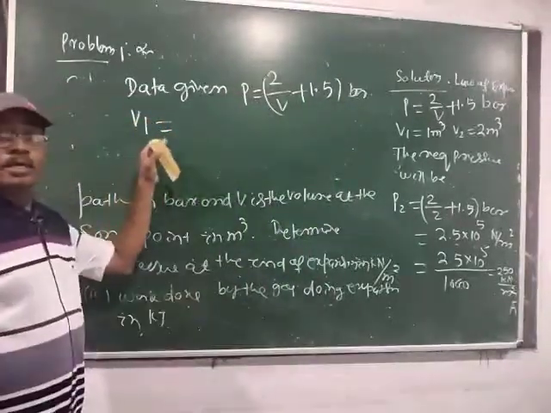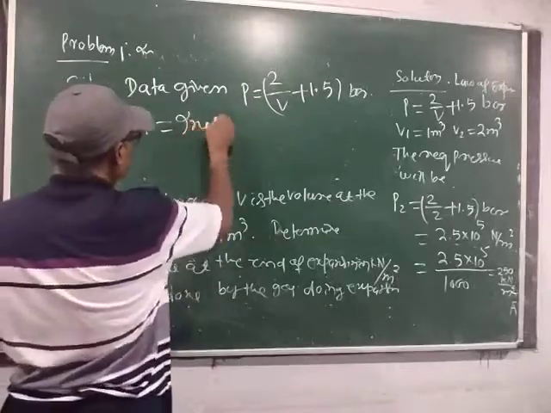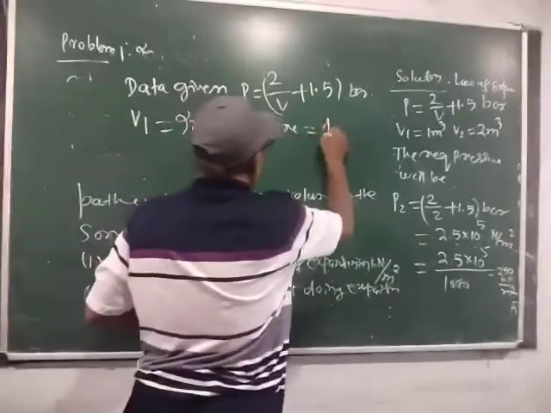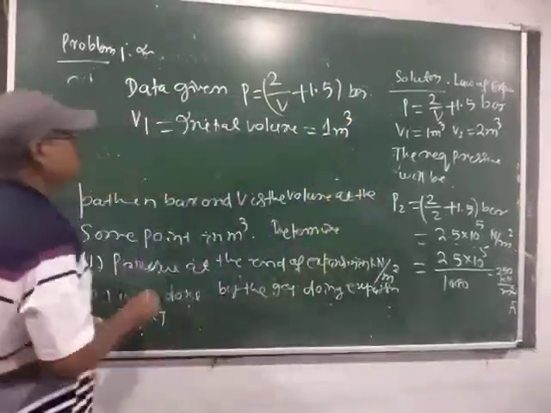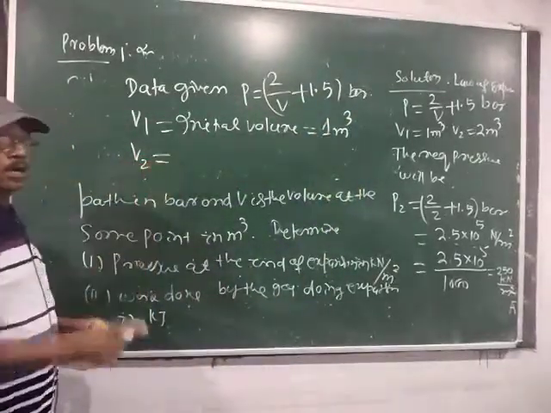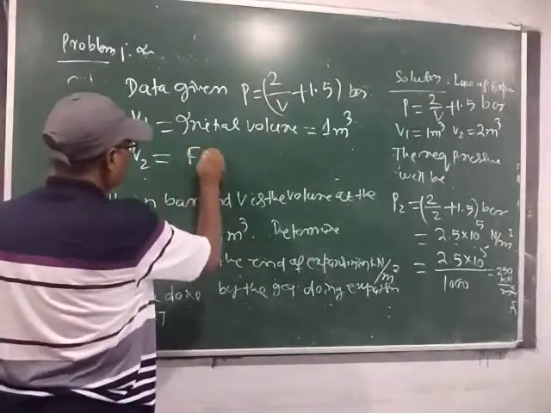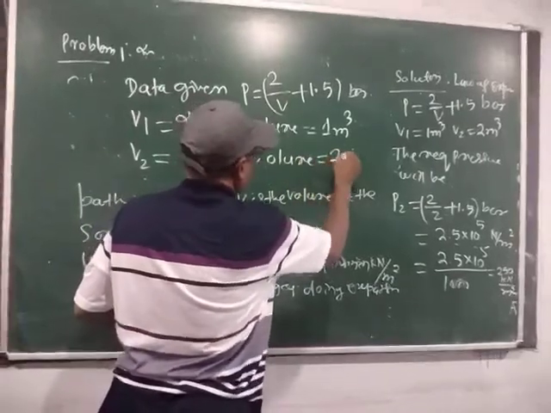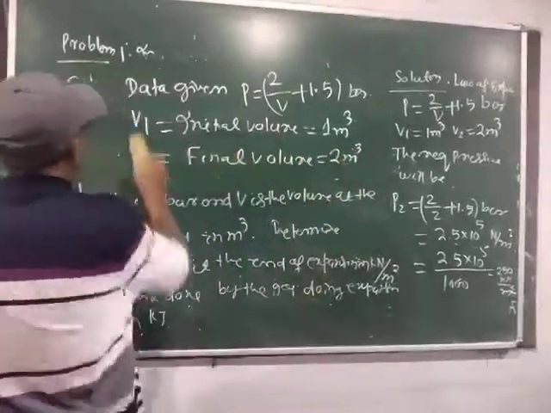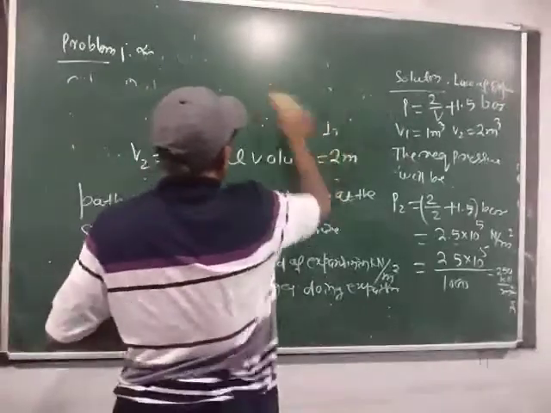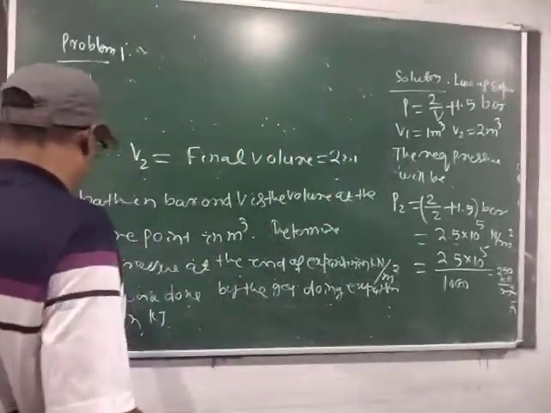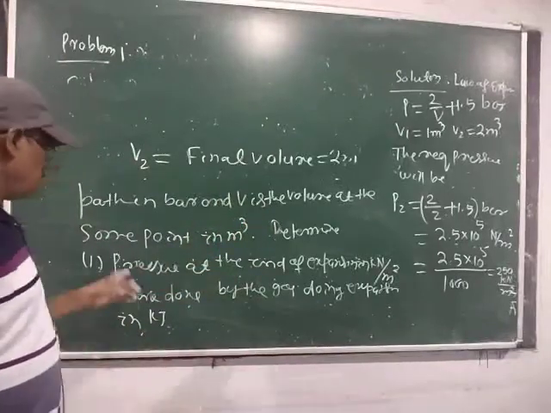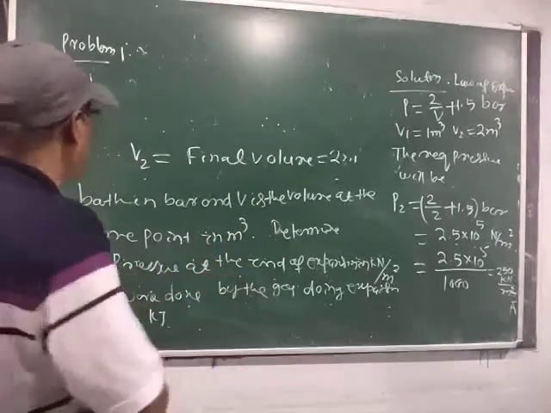V1, the initial volume, is 1 meter cube. V2, the final volume, is 2 meter cube. Question part 1: find out the pressure at the end of expansion. Pressure at the end of expansion means P2.